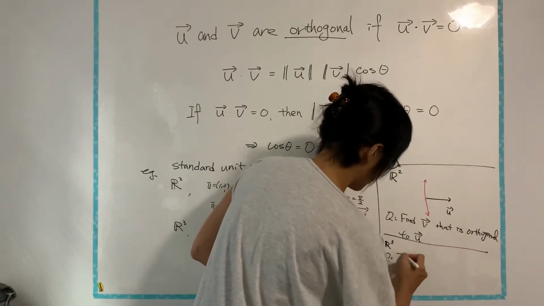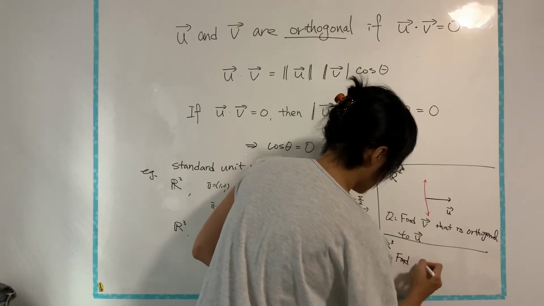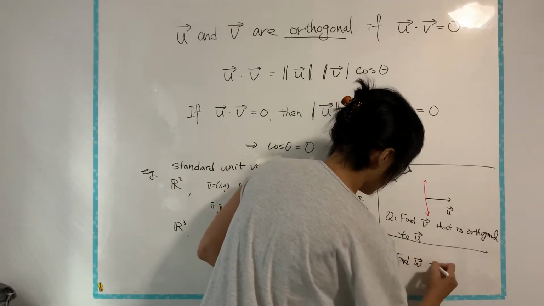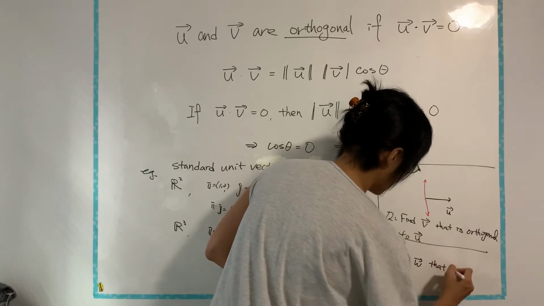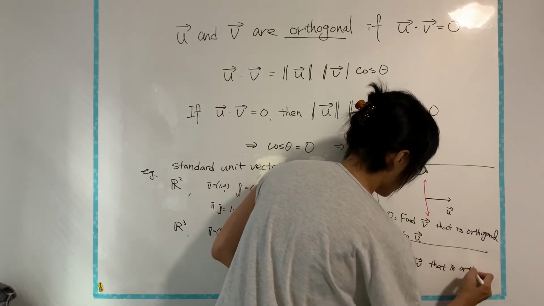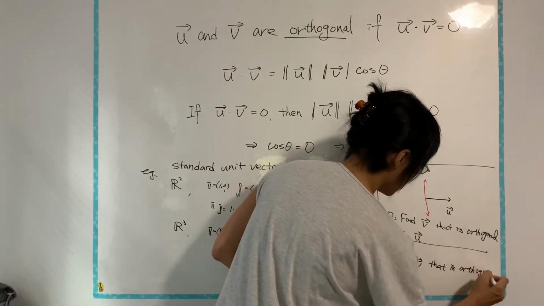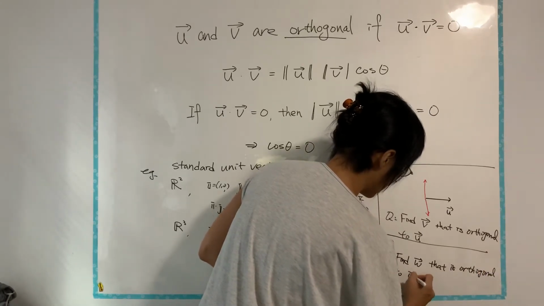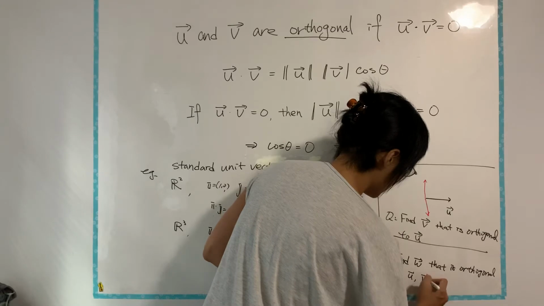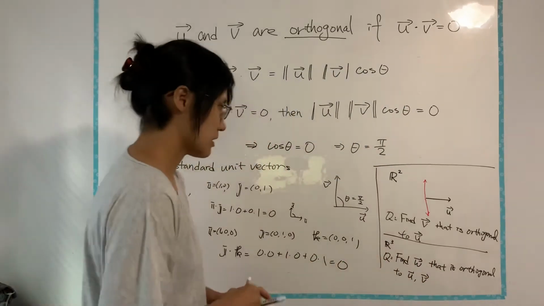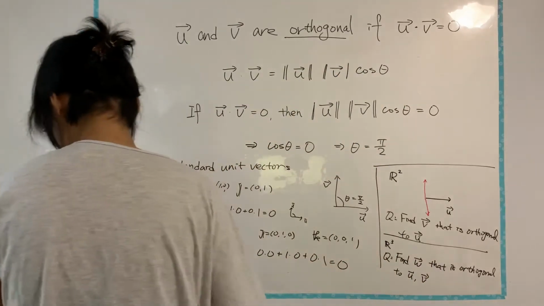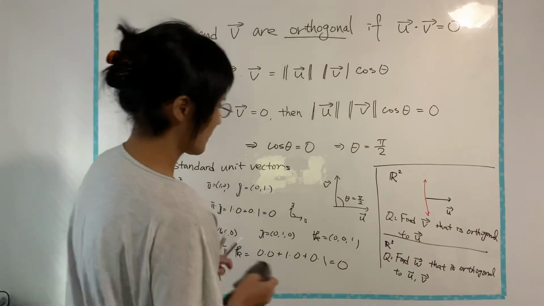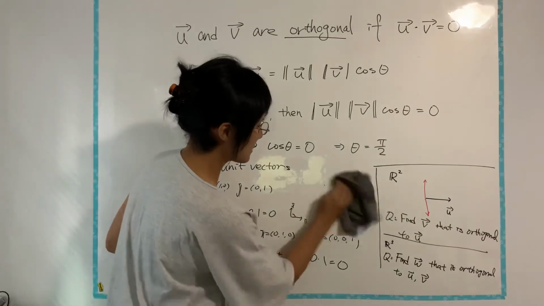Okay? Or let's say in R3, if I want to find a vector w that is orthogonal to a given vector u and a given vector v, then what does that mean? So let me erase this part.